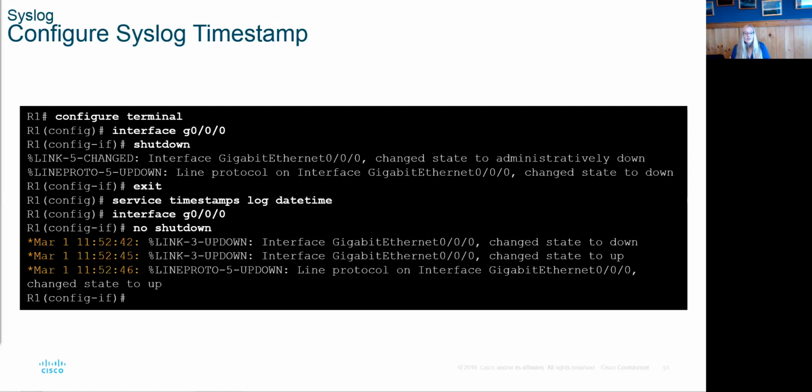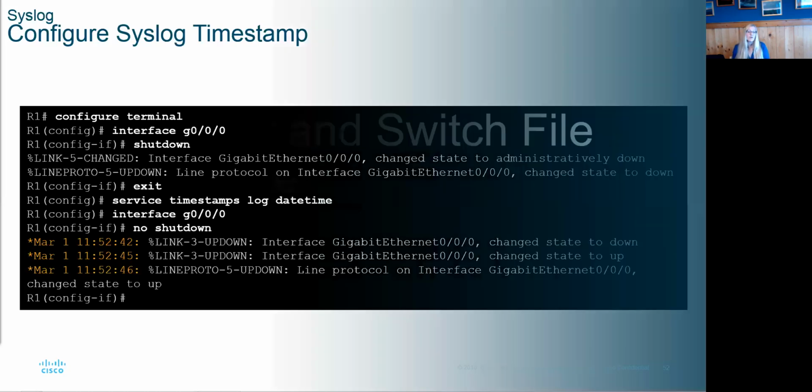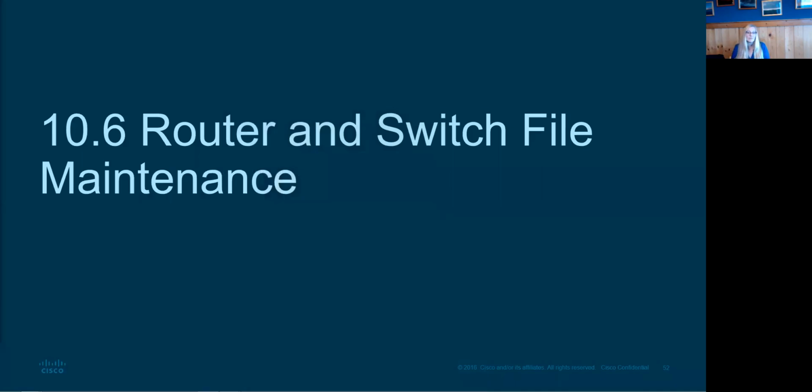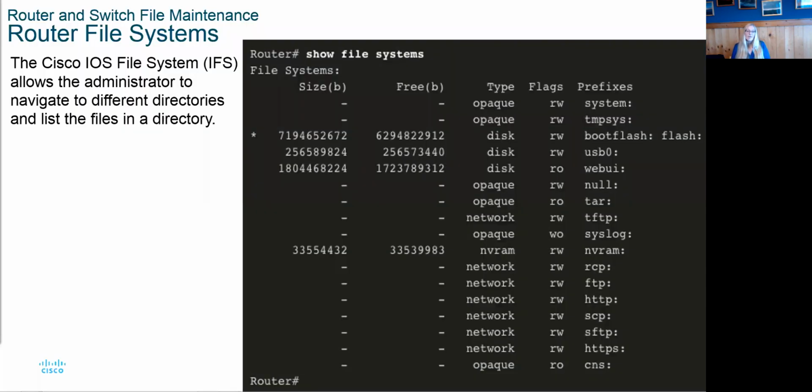Use the service timestamps log datetime command to force logging events to display the date and time. Please, oh please, you've got to have your timestamps. Otherwise, how are you going to filter events other than severity? You can't see the big picture of your network if you don't have timestamps on everything. So, basic maintenance.